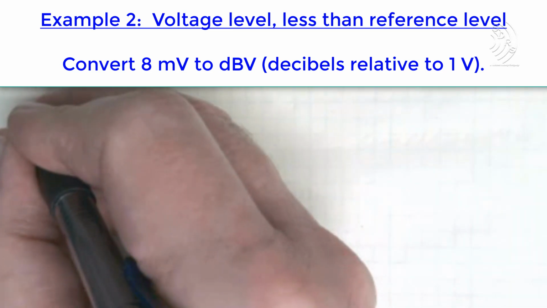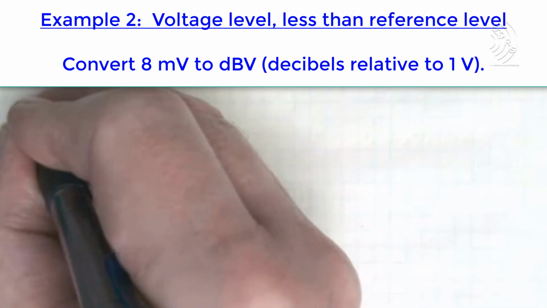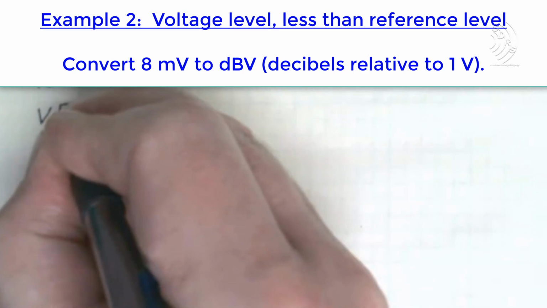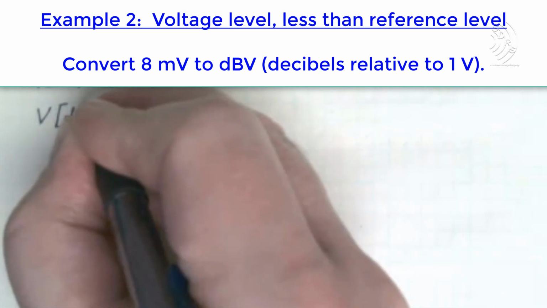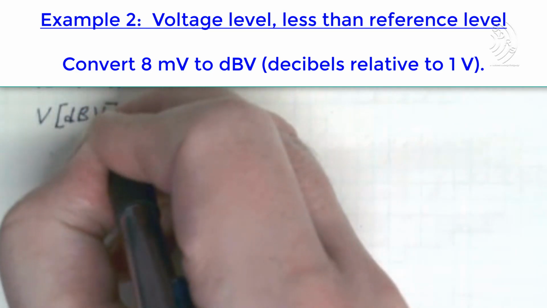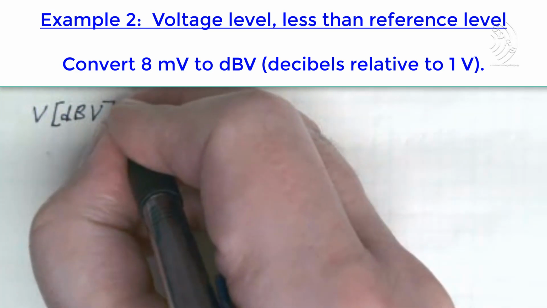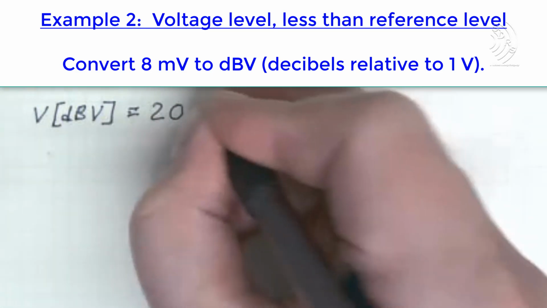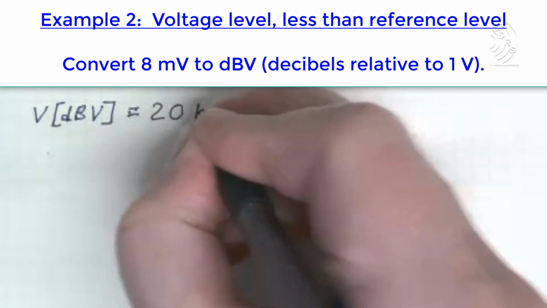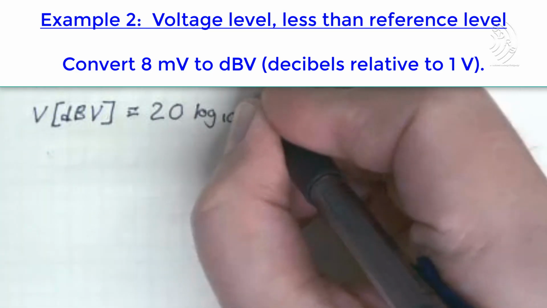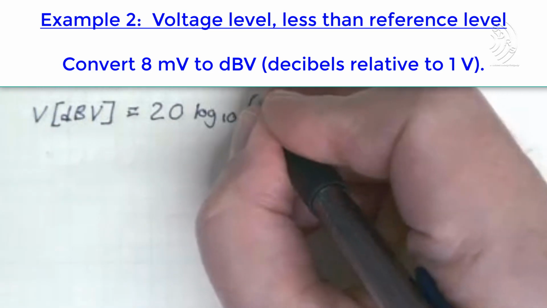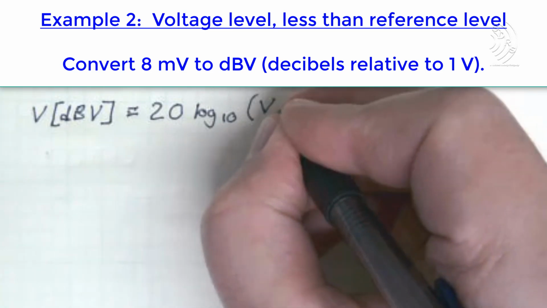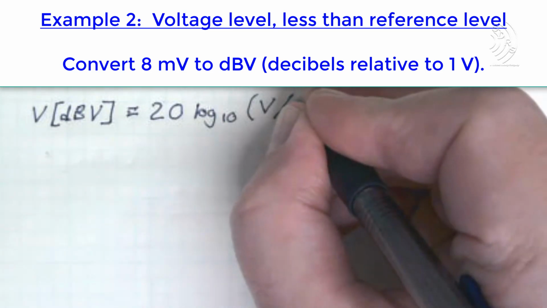To start with, we recall that we're going to be representing this voltage in dBV, and because we're working with a voltage ratio, rather than 10 log, it will be 20 times log base 10 of the voltage divided by the reference voltage, which in this case is 1 volt.